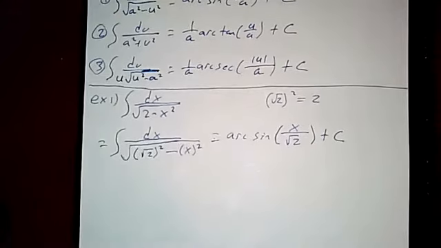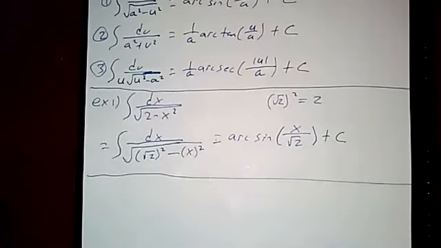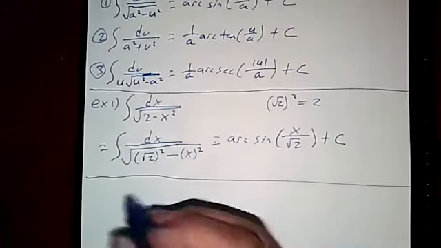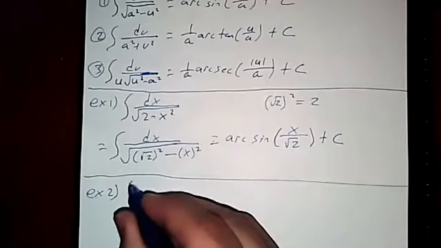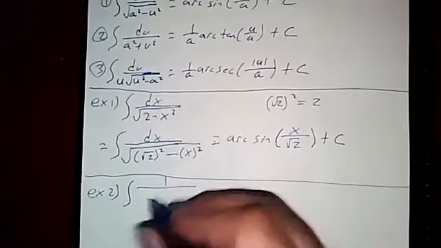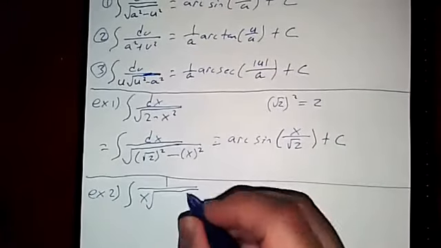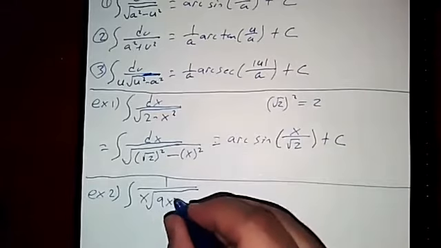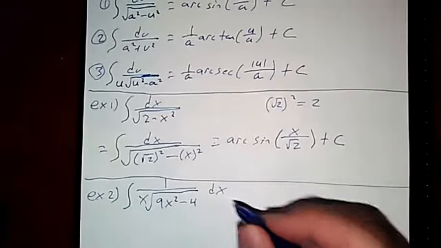All right, let's go to the next one. There are no questions on this one. Number 2: 1 over x times the square root of 9x squared minus 4 dx.